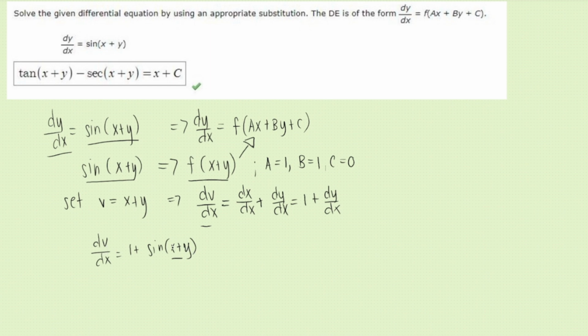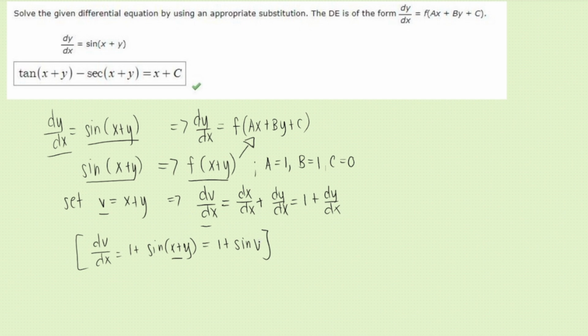So I want to change this x plus y as v: 1 plus sine of v, so that our differential equation is now in terms of v and x and not x and y. The next thing we're going to do is separate the variables.